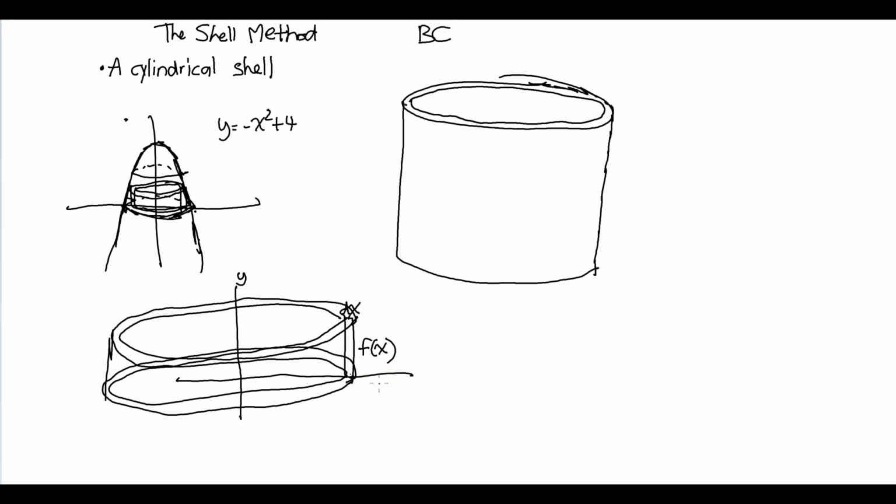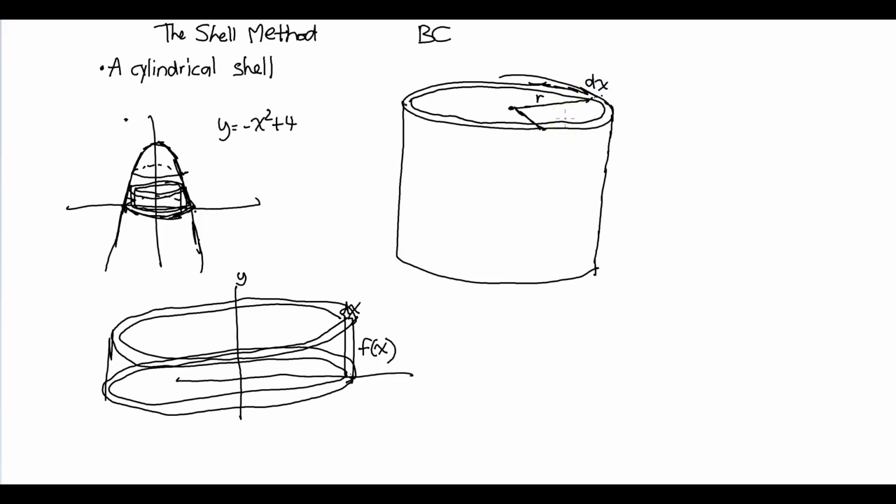You can see that the volume of our cylindrical shell, let's shade this in, is the volume of this big cylinder minus the small cylinder. This starts to bring back stuff from the washer method. We call this R, and this over here is dx.